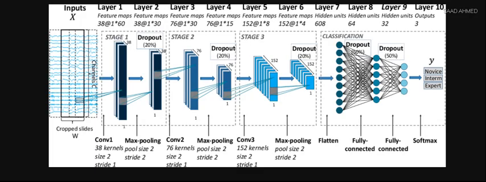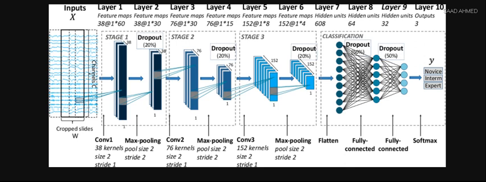Okay, these are the convolution neural network layers, and you can see how complex it is. In this there are like 10 layers, and these are some sections.